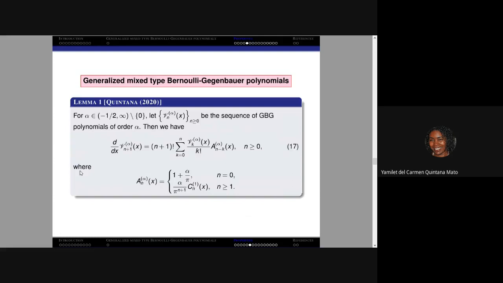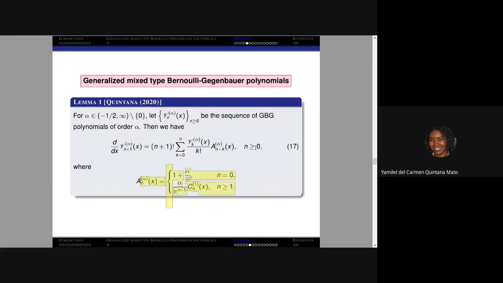We can take the polynomial of degree n plus 1 and its derivative, and the result is that this derivative corresponds to this expression, where the polynomial 8n is given by this formula.